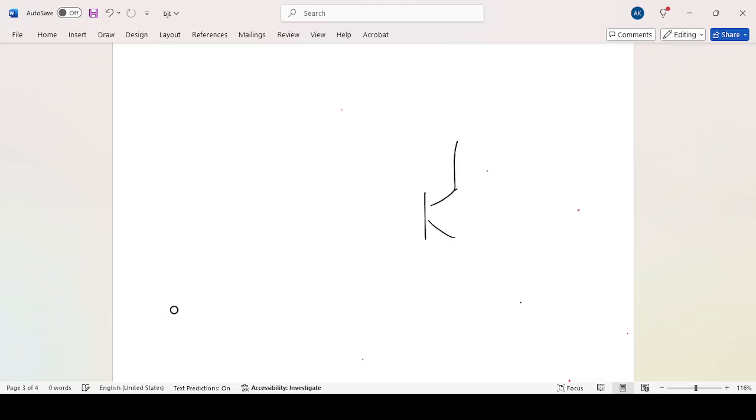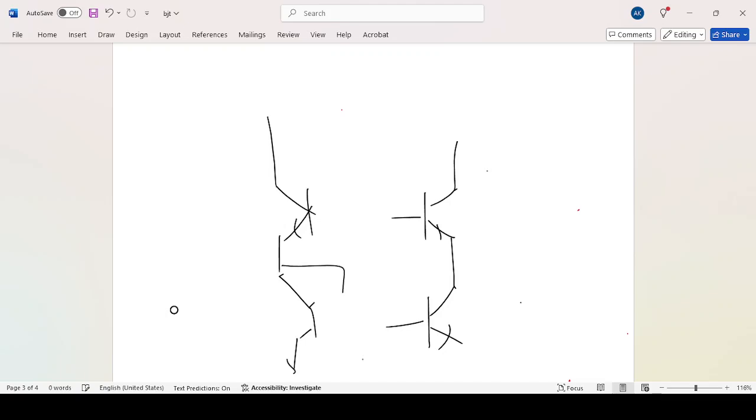We draw the circuit again, just a current mirror, and these are grounds.